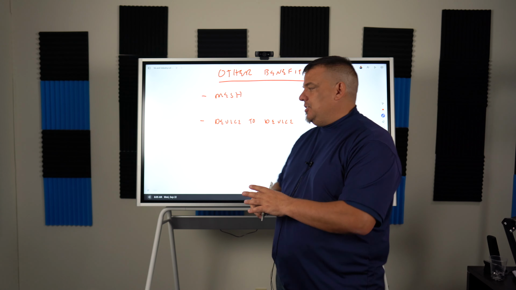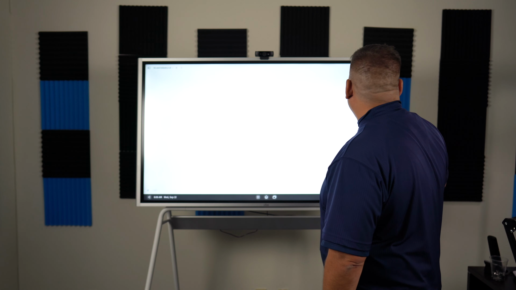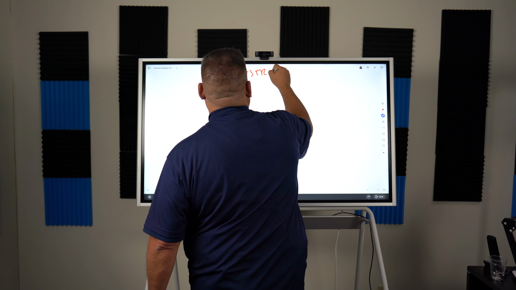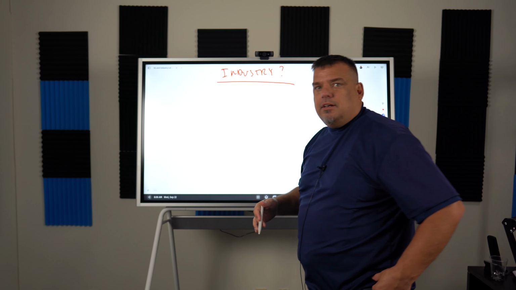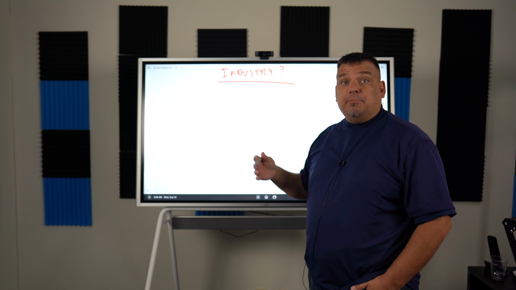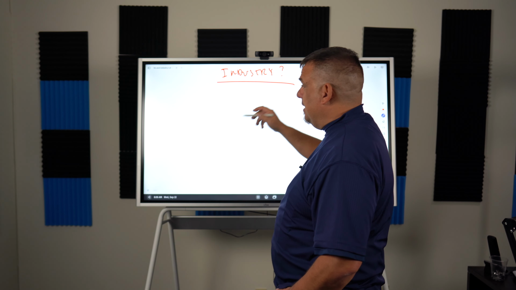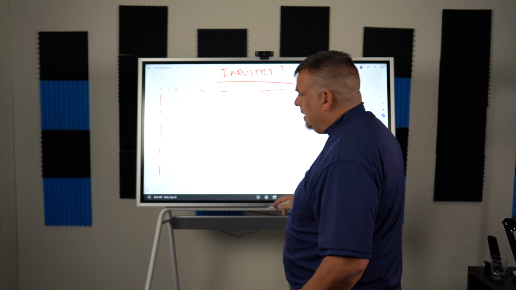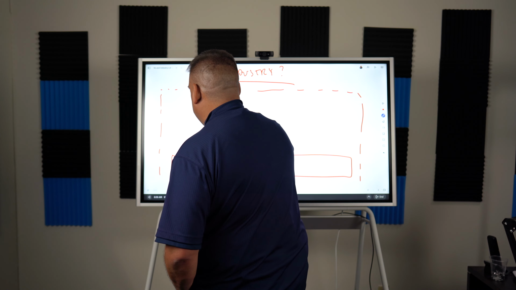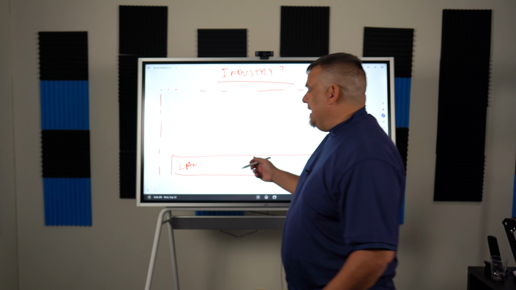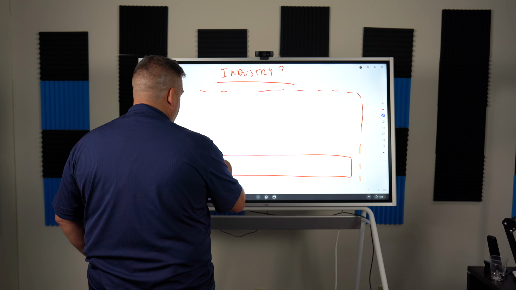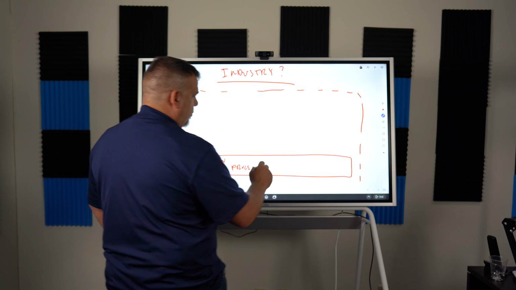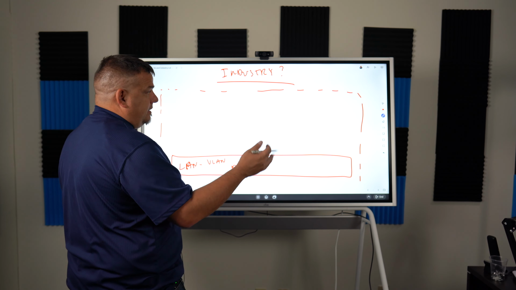So what are the implications here? What does it mean for industry? Before we do that, let's talk about how the current network in a manufacturing facility looks. Within the confines of the plant, we have a LAN, a local area network that is a VLAN, and let's say it's our process network, 192.168.8.x.